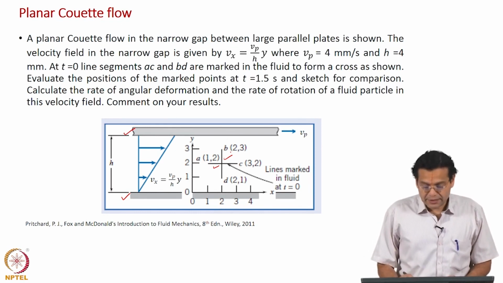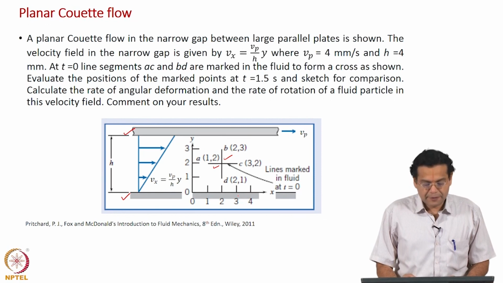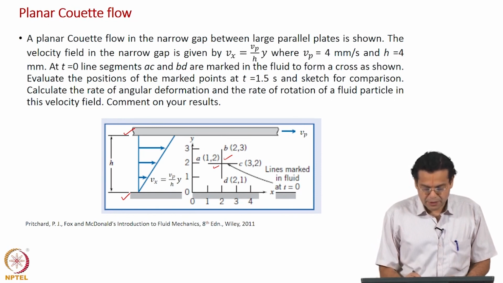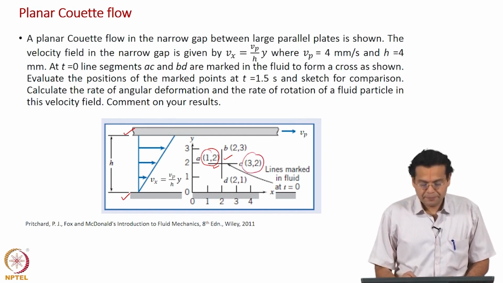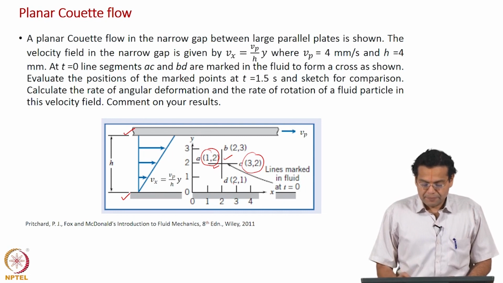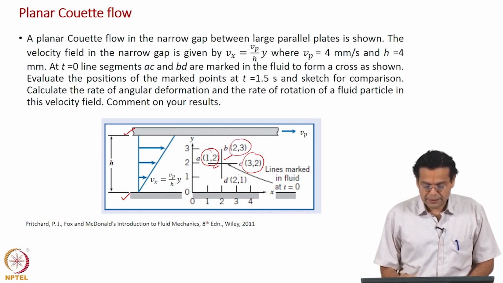Now, the coordinates of A, B, C, D are given. A is 1, 2, and C, the end of the horizontal line, is 3, 2. Same y coordinate and differing in x coordinate. Compare that with the vertical line BD, where the coordinates are 2, 3 and 2, 1.